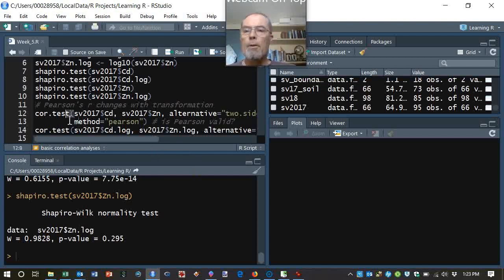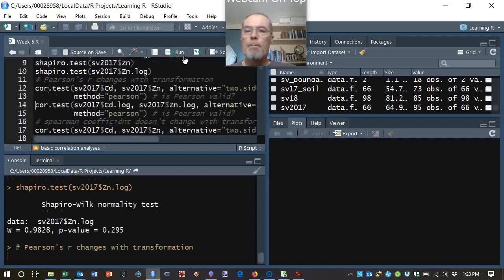So with the function cor.test, we can run that correlation test and get an R value for the relationship of cadmium and zinc. For correlation, it's going to be the same whether we run zinc first or cadmium first, it doesn't really matter.